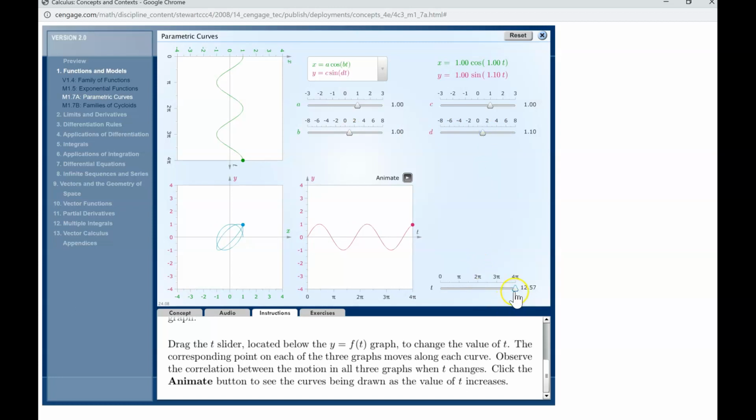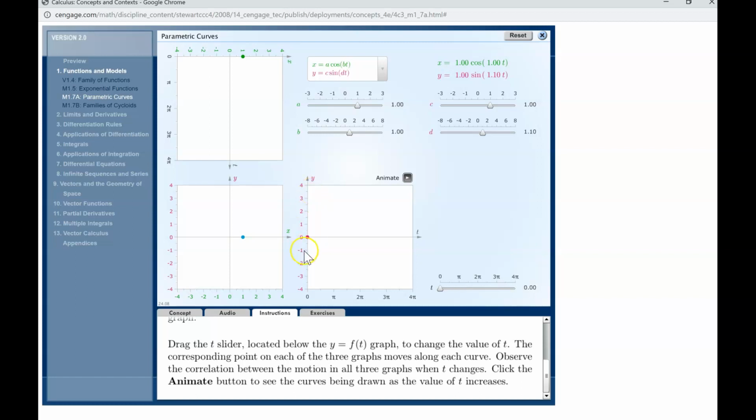Now, we can either go to 4 pi or we can go to 2 pi. So let's see what happens when we restrict t to go from 0 to 2 pi and select animate. Okay, so again, you can see what's happening with each particular situation. If I slowly start at 0, look at where your point is.